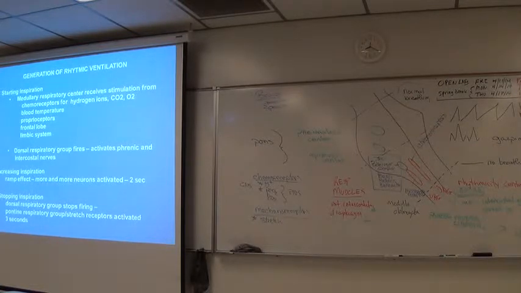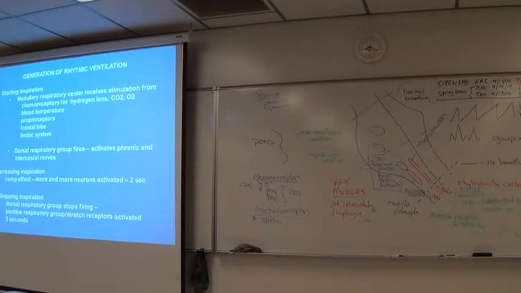So if we cut above the medulla, you would still have the pre-Botzinger complex, and you would still have the dorsal respiratory group. So you would have that irregular breathing, you would still have the gasping. If you include the pons, which most anencephalic babies do, you would have that breathing shown up there with the long inhalation components.